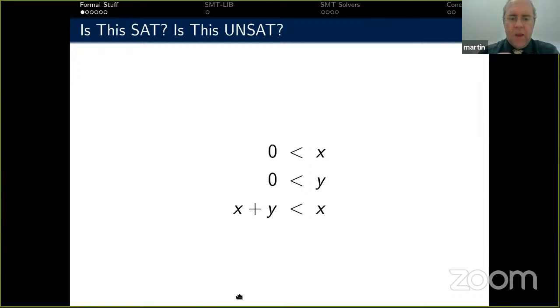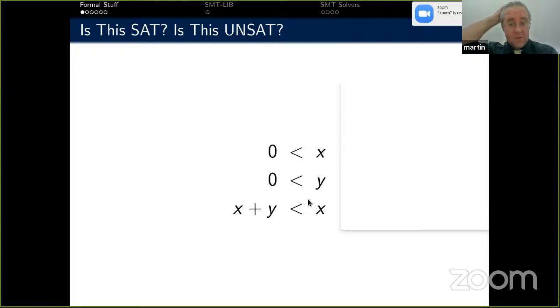Okay, can we have a show of hands on our participant thing? How many people think that this formula is satisfiable, i.e. there is a way of picking x and a way of picking y such that all of these are true? If you think it's satisfiable, then put a hand up.